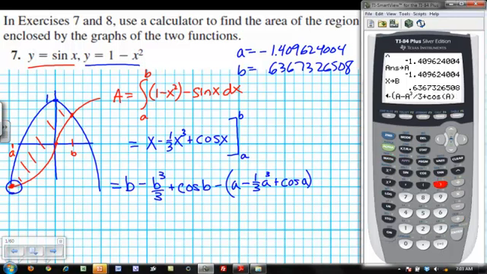That closes the cosine parenthesis. This closes off the parenthesis that's right here. And let me hit enter.